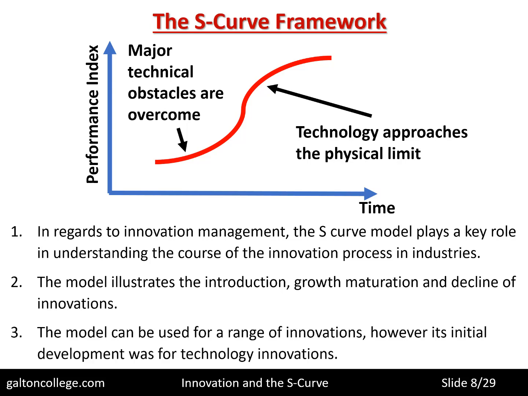The model can be used for a range of innovations. However, its initial development was for technology innovations. But we can imagine this type of situation covering a whole range of activities within industry. It also can be applied in the context of some marketing situations, as I suggested earlier.